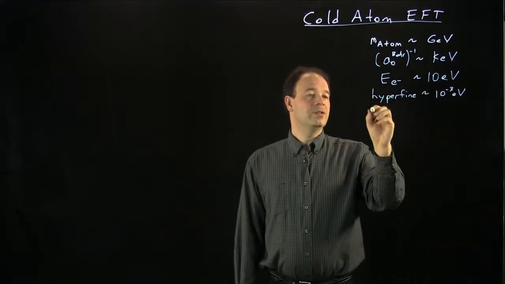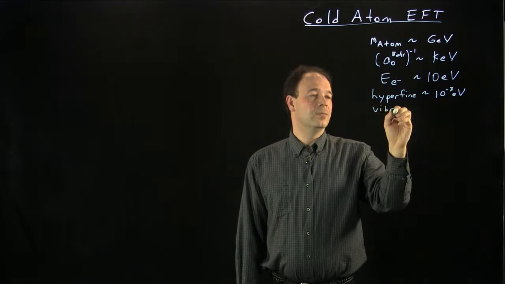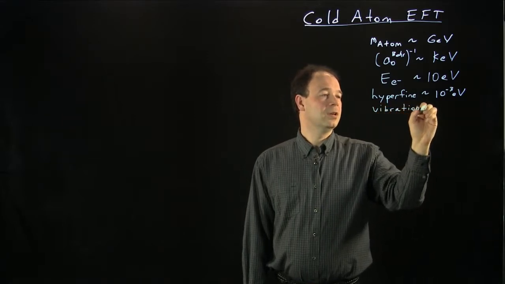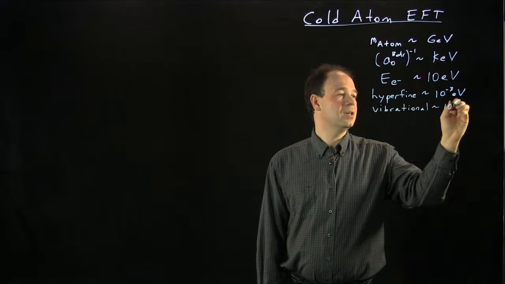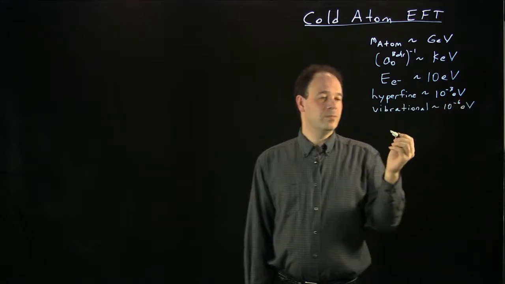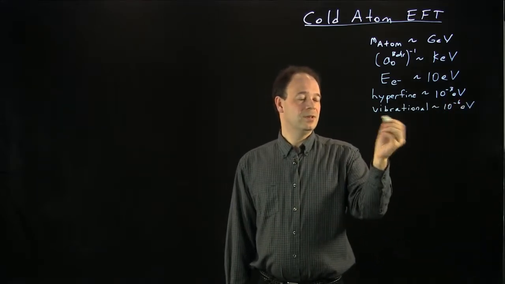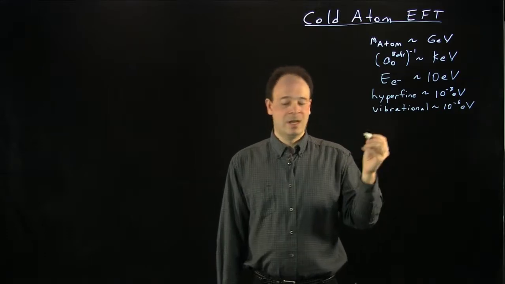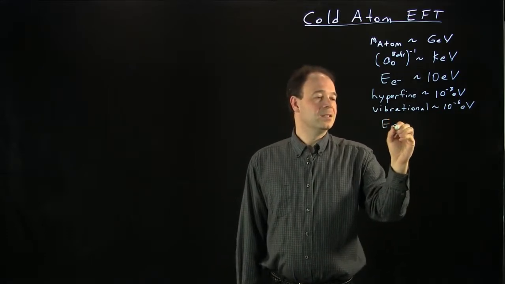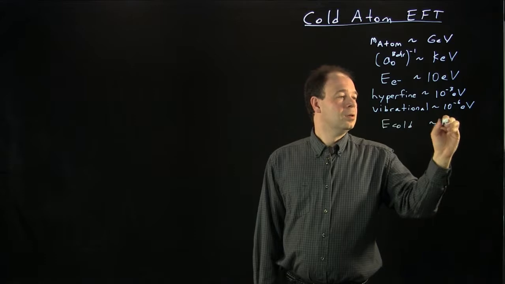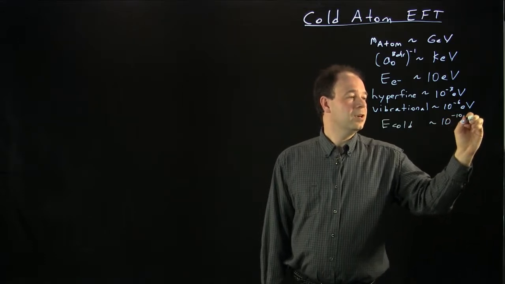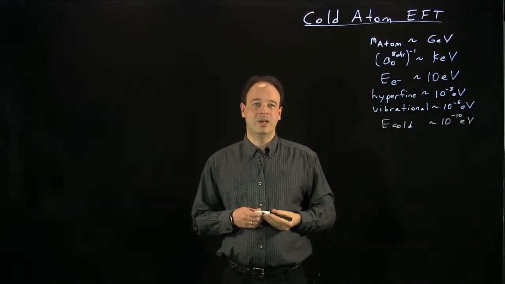But if we keep going, there's even further energy scales in the problem. There's a vibrational energy scale that comes in at 10 to the minus 6. And actually, what we're interested in for cold atoms is the actual energy for the cold atoms, and that's at 10 to the minus 10. So we're really talking about very, very low energy atoms here.